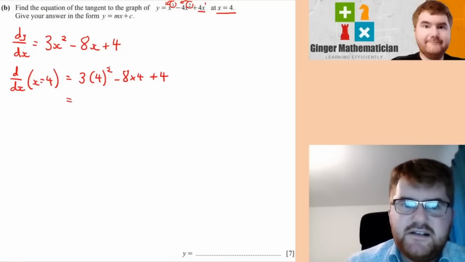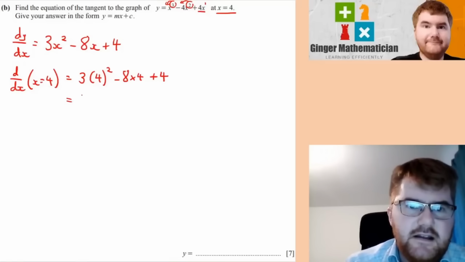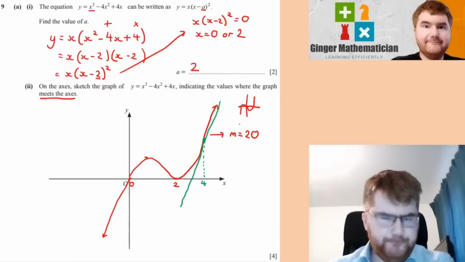Well, 4 squared is 16. 16 times 3 is 48. 8 times 4 is 32 plus 4. And that simplifies to 20. Okay, so the gradient of that green line that I drew over here, let me just mark this in. The gradient of this line is equal to 20. So we've got that information.